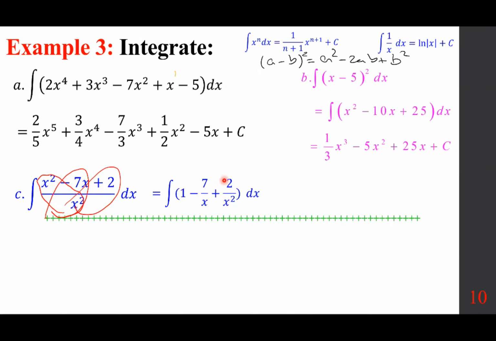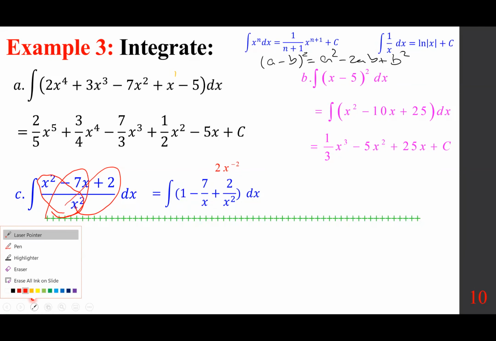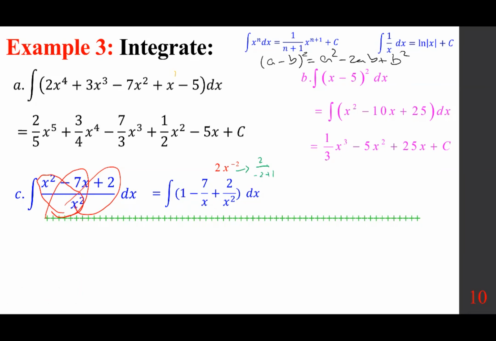I want to again remind you how we deal with this guy. First, we change it to 2x to the power of negative 2. Then we divide the 2 by negative 2 plus 1, x to the power of negative 2 plus 1. Negative 2 plus 1 is negative 1.